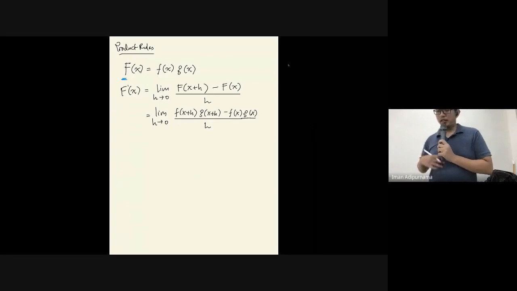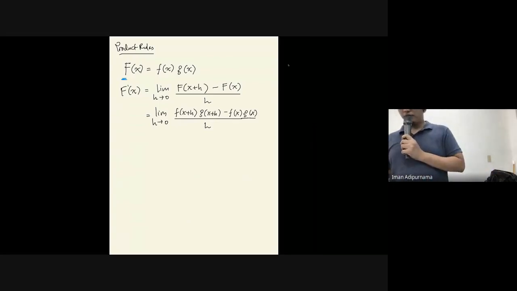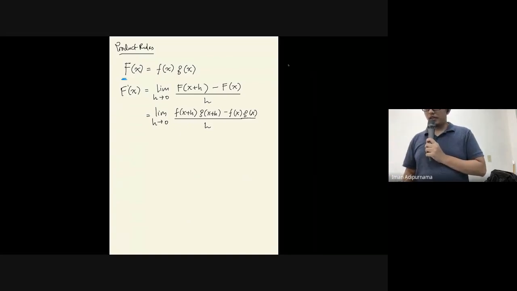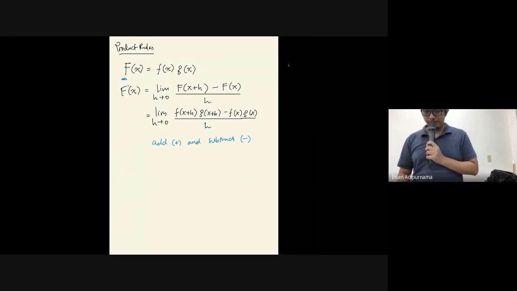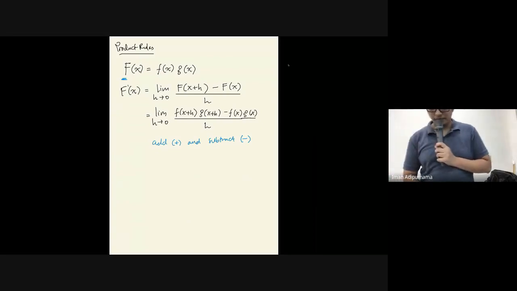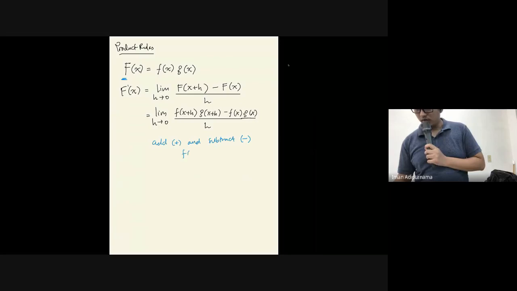Okay, and to prove the theorem and to solve this limit, we need to add and subtract some expression. So plus and minus.